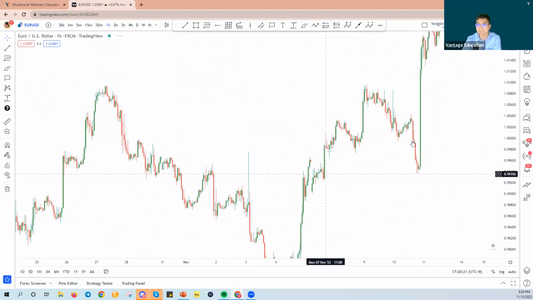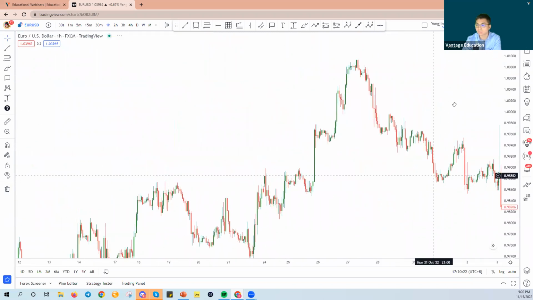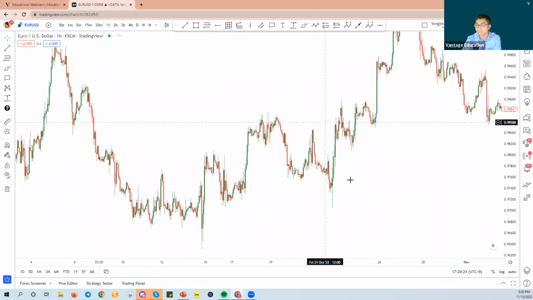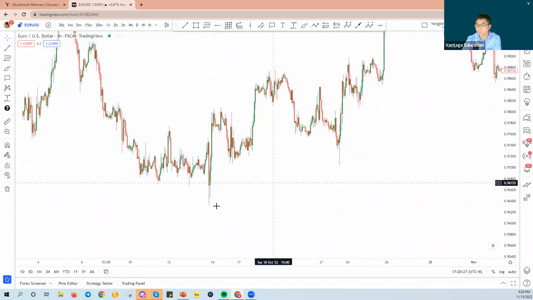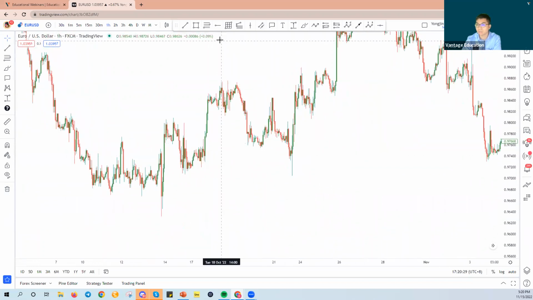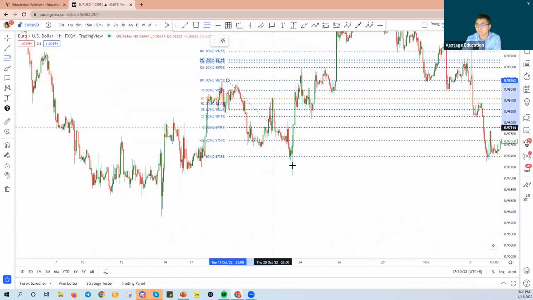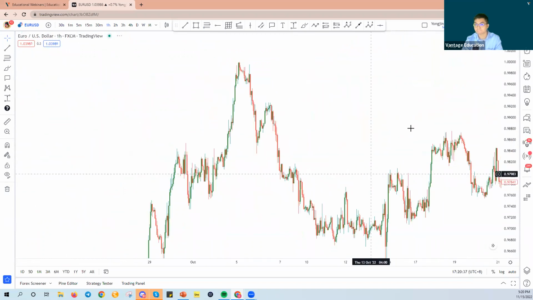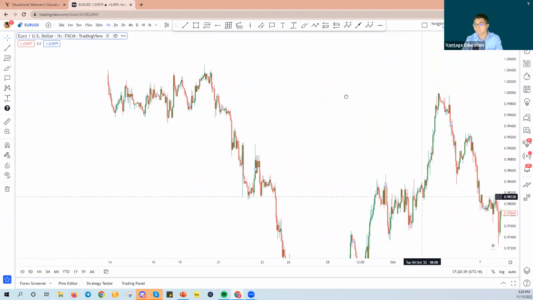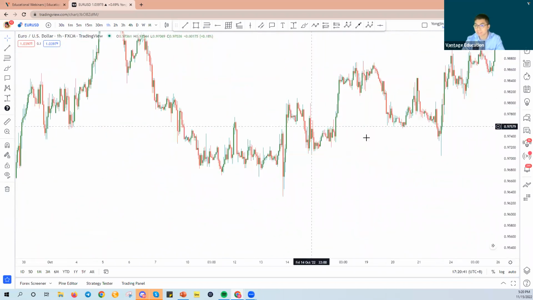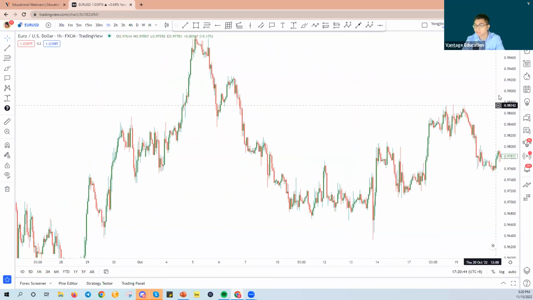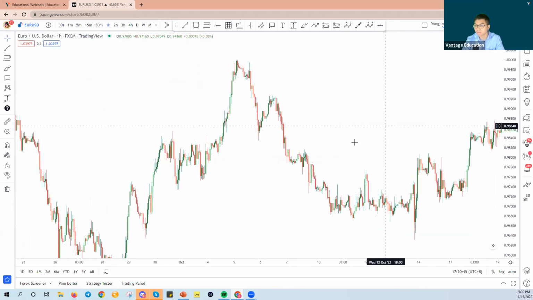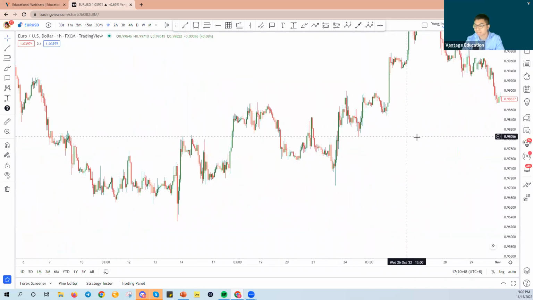Let me find a setup that works. Maybe this works. Okay, let me take a look. Okay, it didn't retrace. So yeah, finding this setup takes time. Let's give it a moment. I'm just searching.